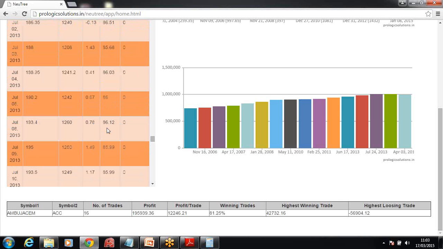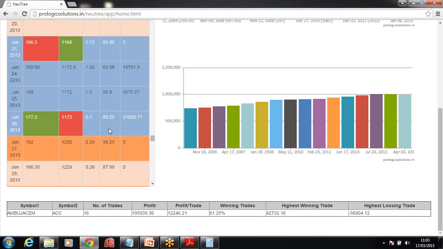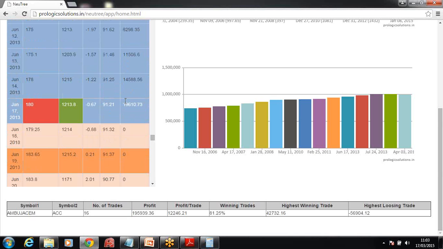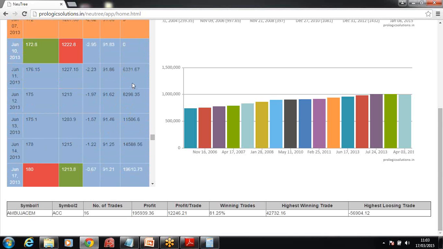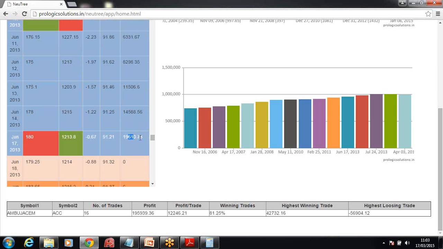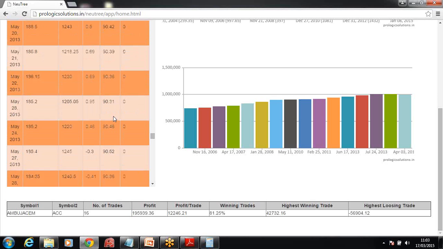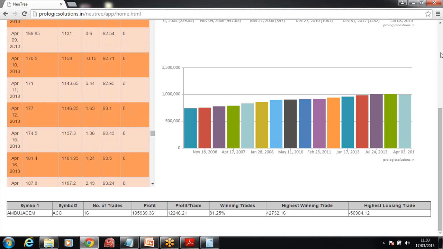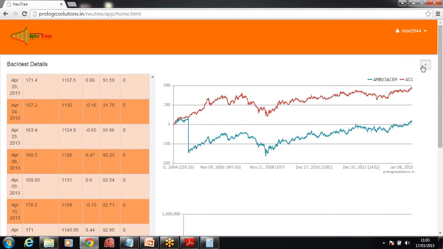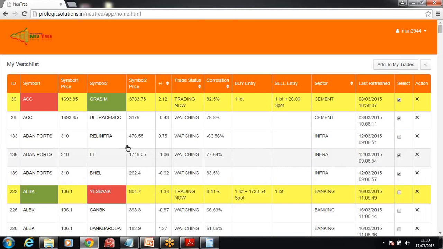In June we had one call, in July we had one call, multiple calls on ACC and Ambuja. This ran for only 3 days with 21,000 rupees profit. And again we had this call which ran for 5 days with 19,000 rupees profit. So you'll be getting all these multiple calls, and you'll be getting the notifications also. So it will become very easy for you to trade.